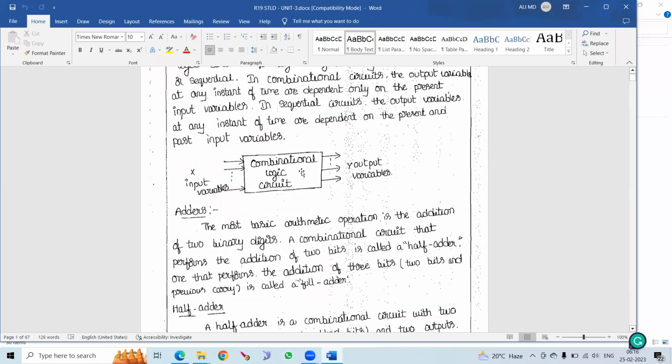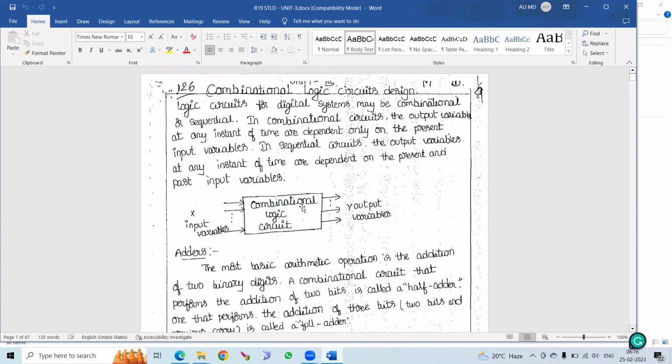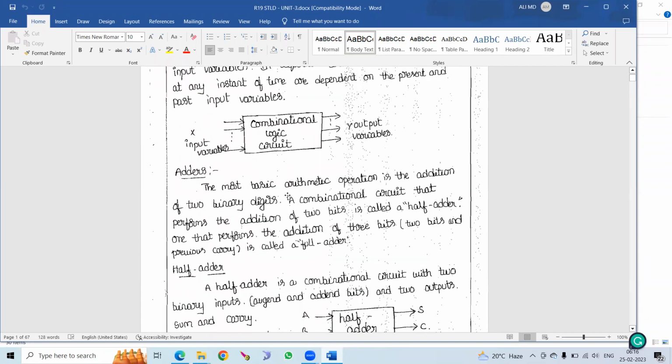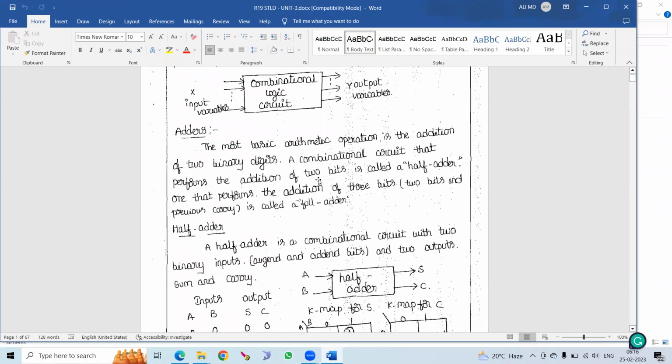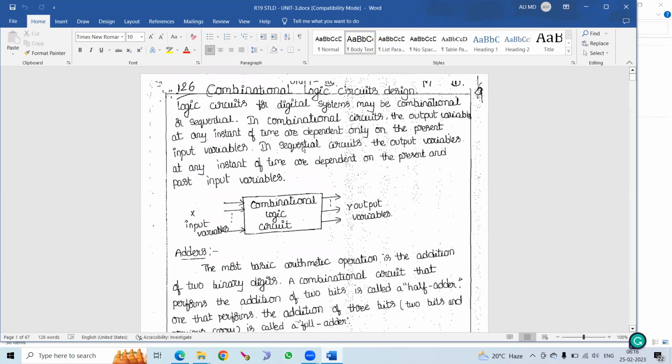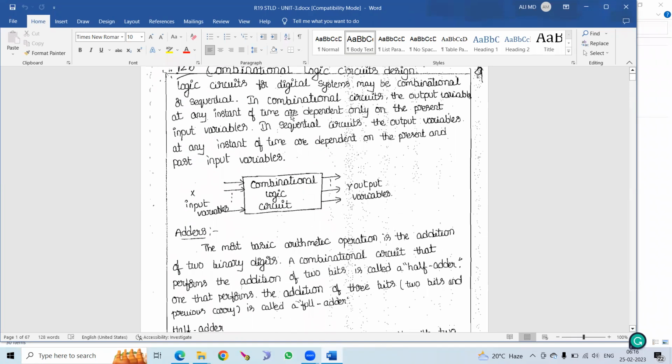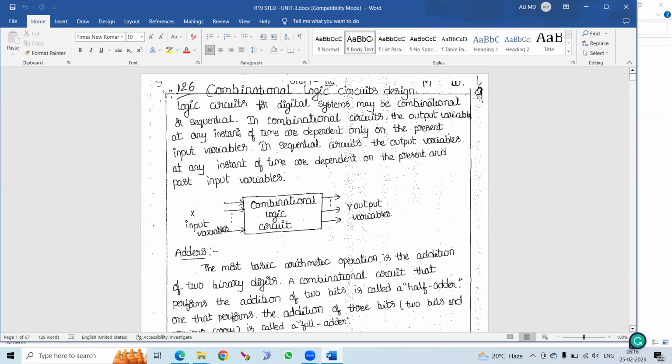Generally, it is called a combinational circuit because in the addition of the two bits it does not require any previous bit. Whereas in sequential circuits, the output depends not only on the present input but also on the previous output.